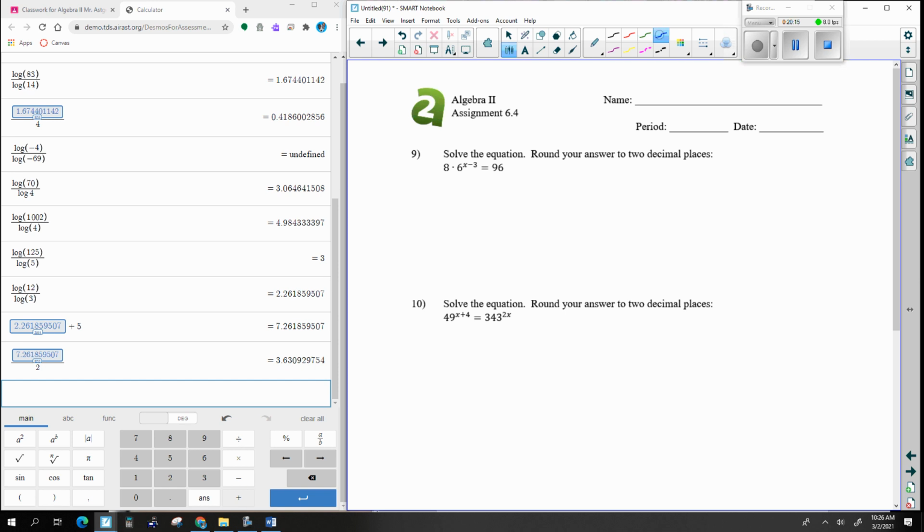I want to get the 6 to the x minus 3 all by itself. 8 is multiplying, so I have to divide by 8. Base 6, everything switches sides.